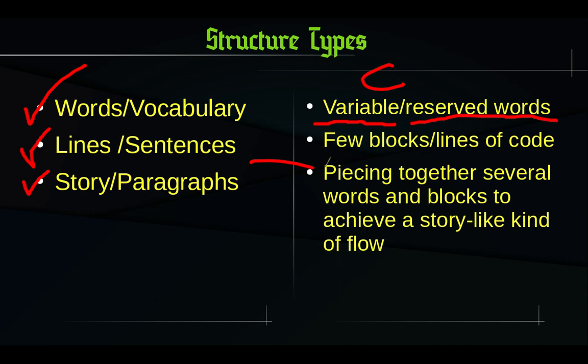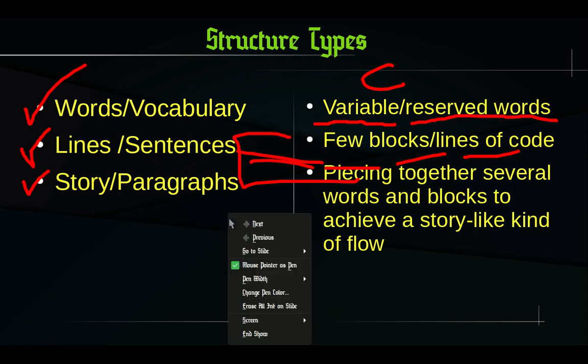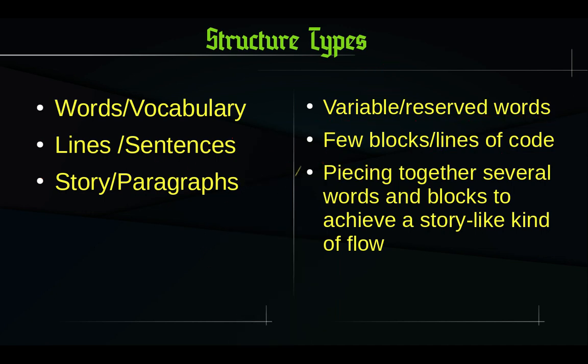This way you'll write a word and another word and another word, and this is meant to maybe do something. And then after that we can take the words that we've learned, write a line, and then write another line and another line and another line. Then this will maybe ask the user to input something and ask for some other input, add the input together, and then print out maybe a result.